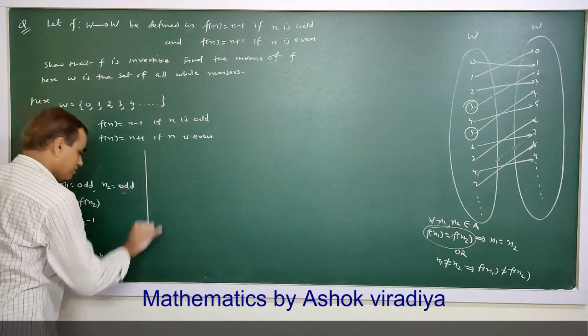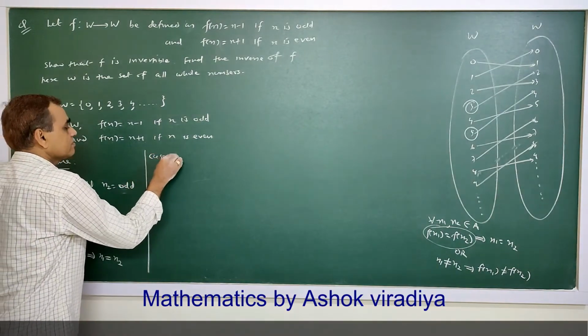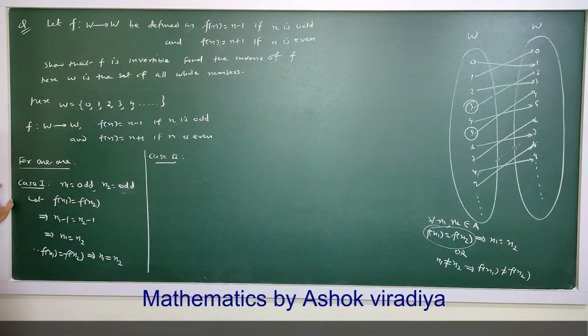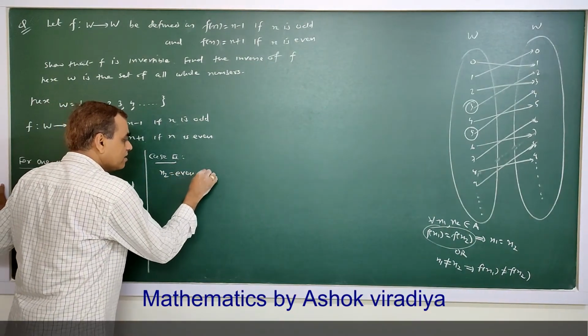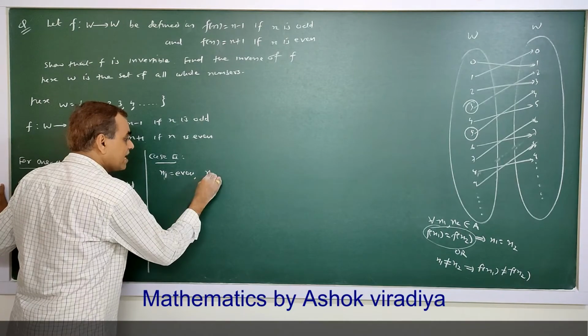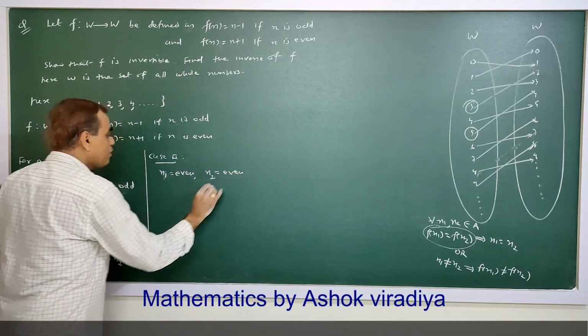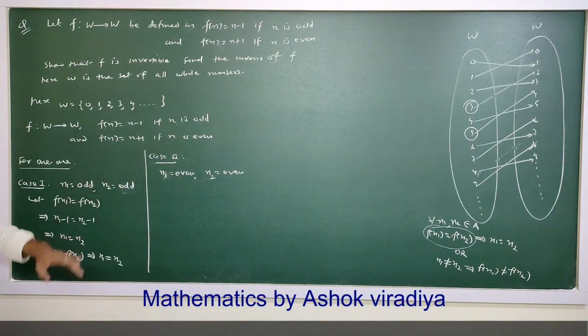Now case 2. n1 is even, n2 is even, both are even.